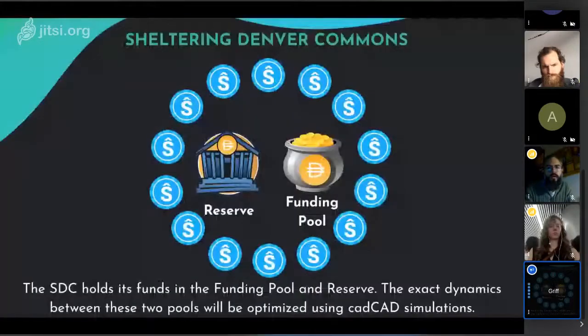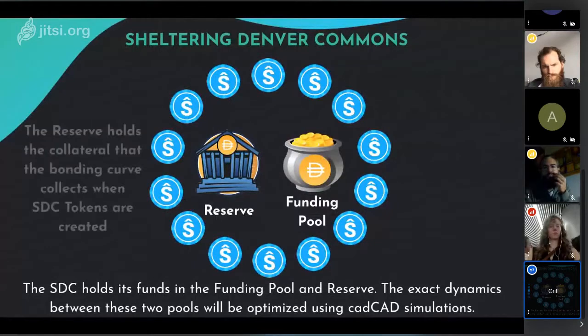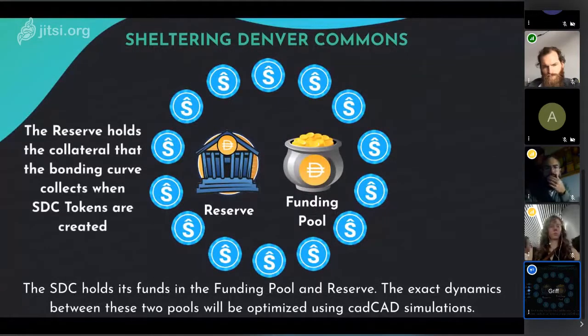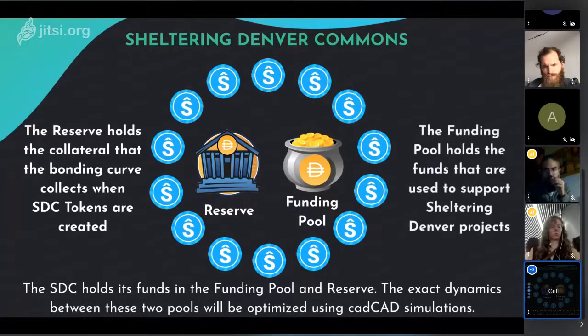So the Sheltering Denver Commons within it has two pools of money. There is the reserve, which holds the collateral that backs the actual economy. And there's the funding pool, which holds the funds that are meant to be spent on supporting the homeless community in Denver.